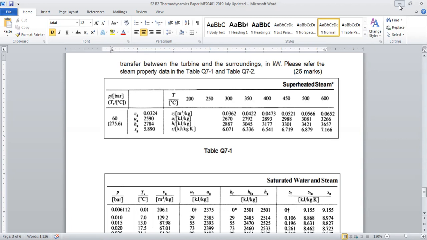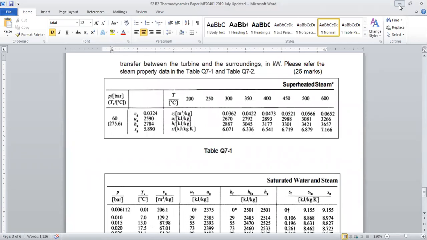So out of 8, you may need to answer 5. Okay, so revision 4. I'm not going to do a separate revision. As revision 4, you just go through the videos of gas power cycles.